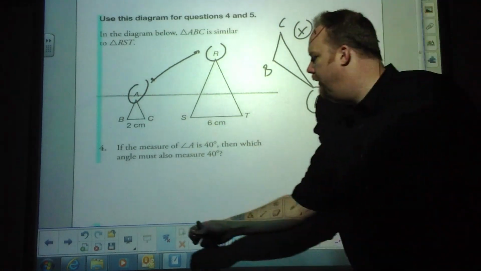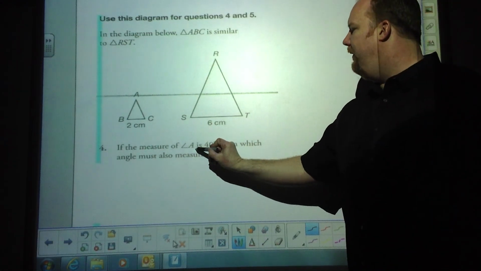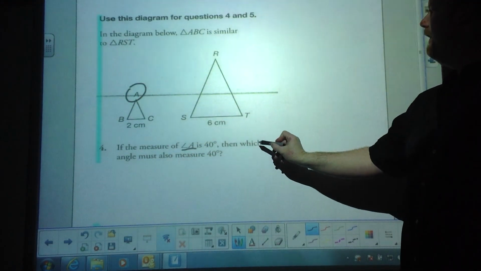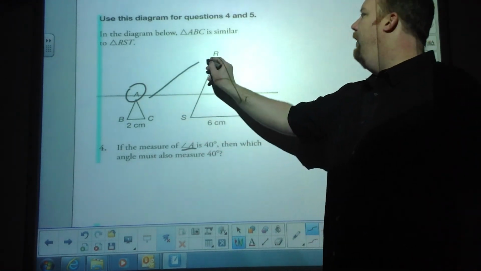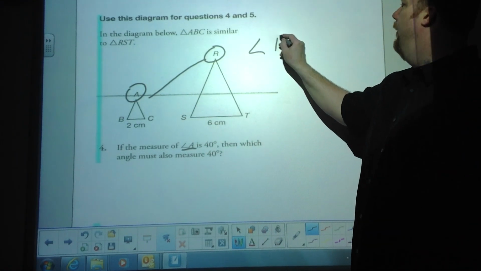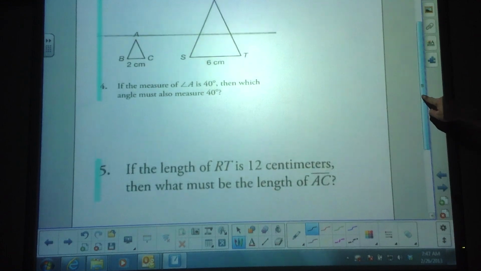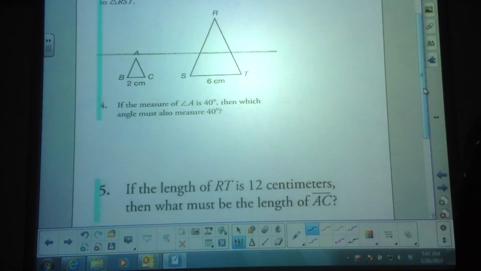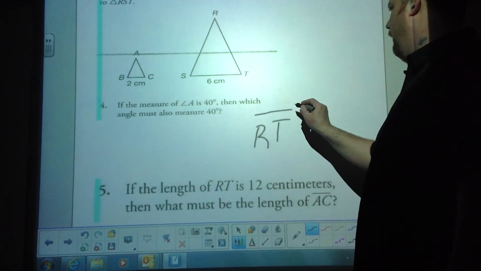Okay. So, if the measure of angle A, and that's how we say angle A, that's how we show it, which is right here, if it's 40 degrees, then which angle must also measure 40 degrees? It's angle R, and we would write that like so. If the length of RT, and I don't like how they've done that here, that should be RT with a line over it.